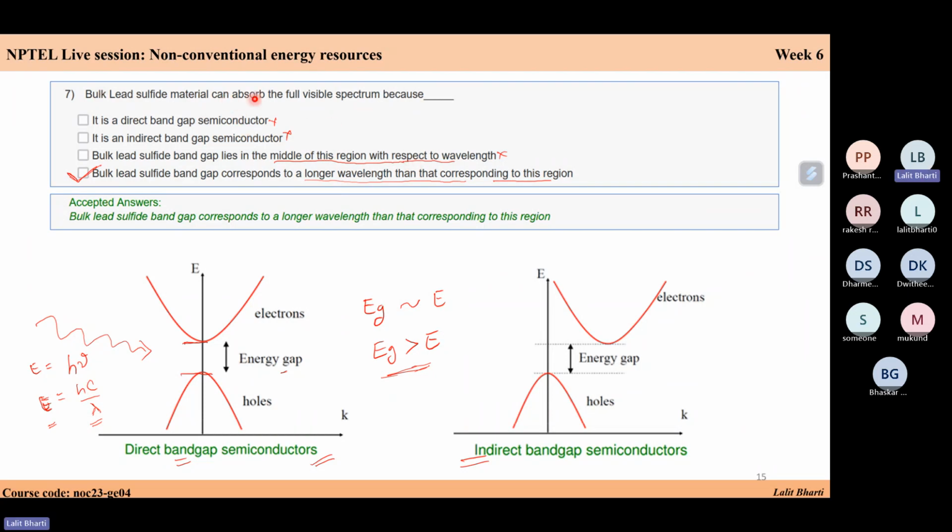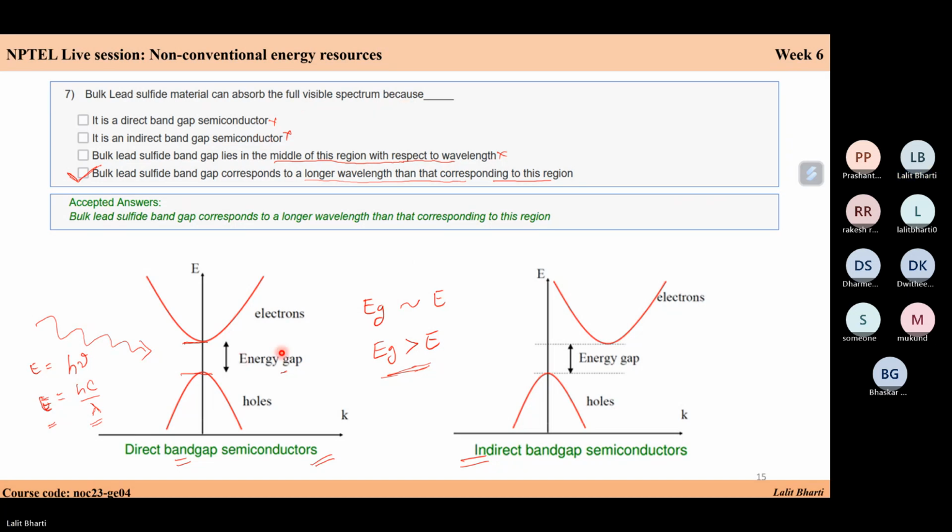We are being particular about the statement given in the question. If they ask which kind of semiconductor it is, we can say it is direct band gap, but it is not the reason, because if the same band gap material is direct or indirect, it will again absorb the same wavelength of the full visible spectra.